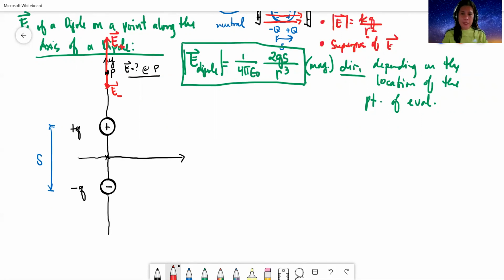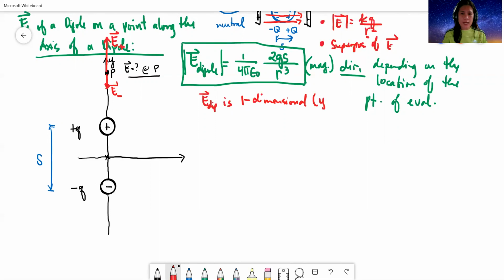Then, we will apply superposition. At this point, we have two electric fields to be added as vectors. So, magve-vector sum tayo dito, kaya superposition. So, with that, it's very obvious here that the electric field of our dipole is one-dimensional. Why? Because it's just along the y-axis. It has no x component.